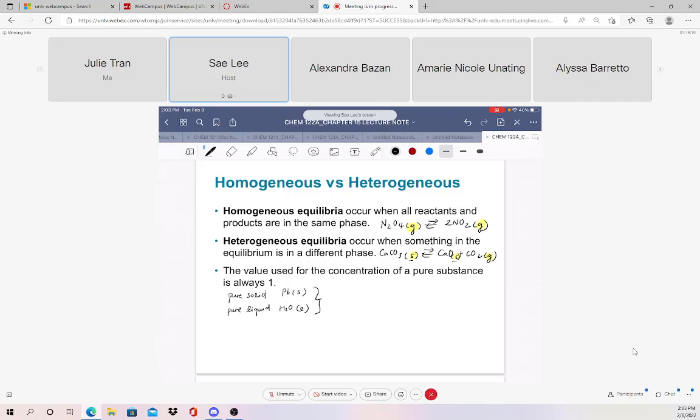The answer is no. While the equilibrium constant expression includes terms only for reactants and products whose concentration can change or can vary during the reaction, the concentrations of pure solids and pure liquids do not fluctuate.